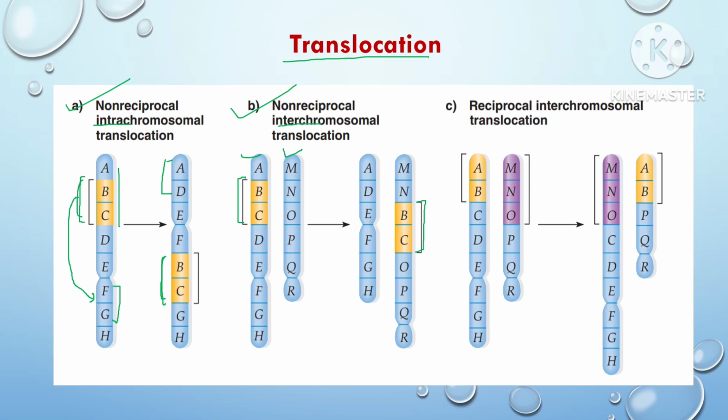This is one chromosome, this is another chromosome. This BC segment is translocated between the N and O, and this transfer happened between the chromosomes. So we call it inter.